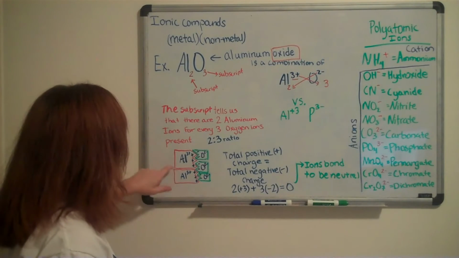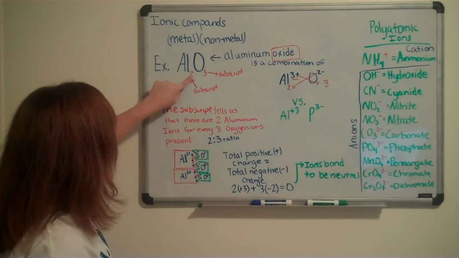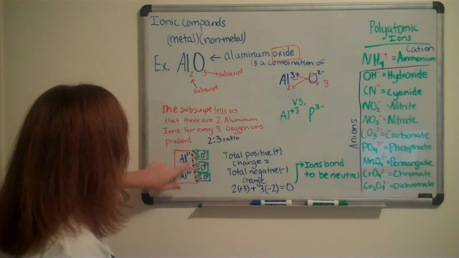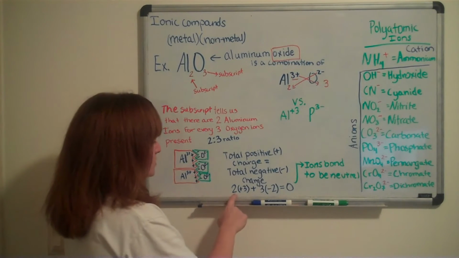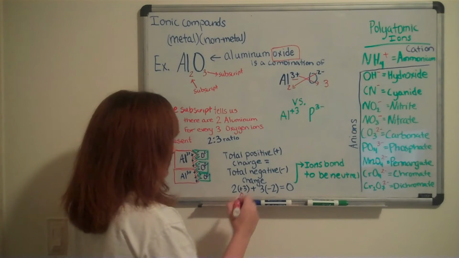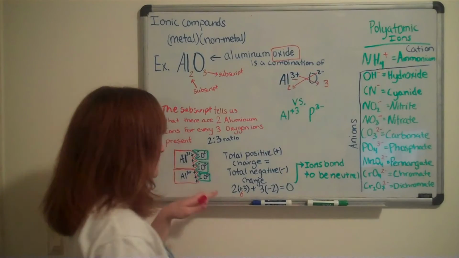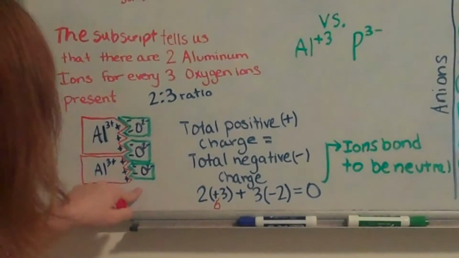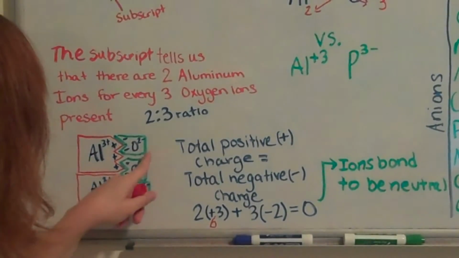If you look, there are 2 total aluminums, you can tell by the subscript, and the aluminums have a positive 3 charge, so 2 times 3 is 6, that's a total positive charge. We also have oxygen.